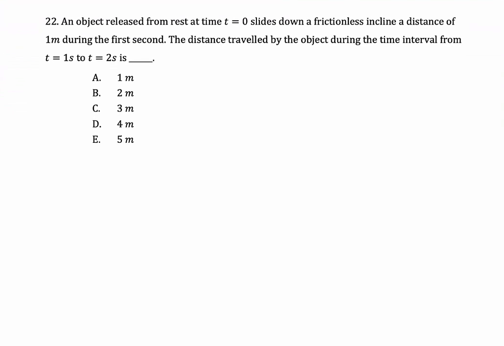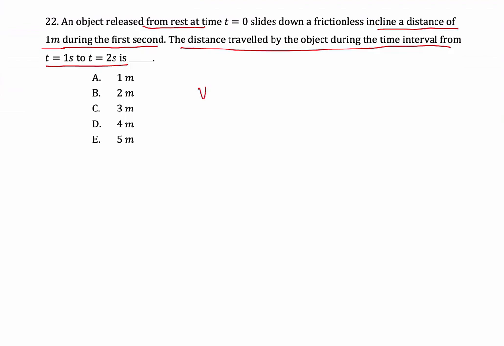We have another question that is telling us that an object is released from rest. It travels a distance of 1 meter during the first second, and we need to find the distance for the second second of the motion.